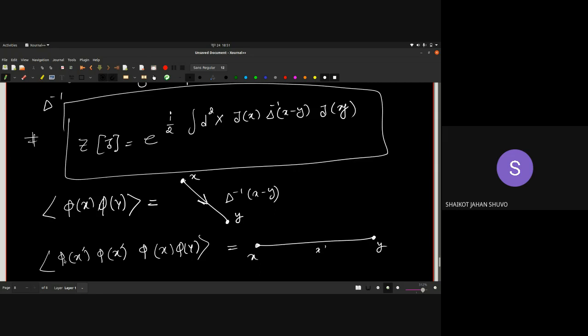What this 4-point function means is that a particle is going from x to y, and at some point x prime, it's interacting with itself, you know. It seems a very weird interaction, but this is a loop. You see these 2 points are equal, so at this point it's kind of interacting, I don't know, slapping itself or something like that, and after that it's going to y. So these are the things that you can easily do with path integrals.